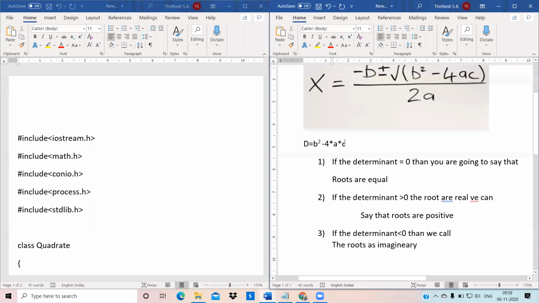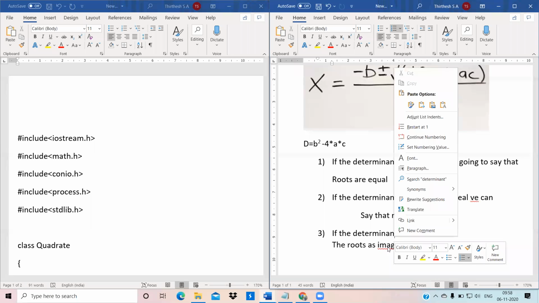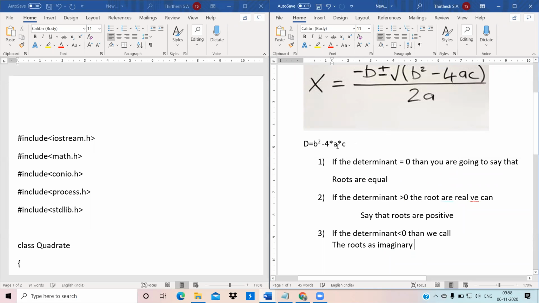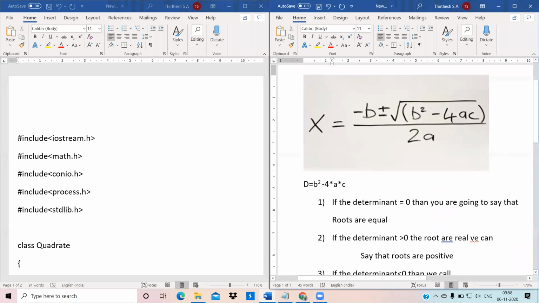So to get the roots based on the given condition, you need to check the determinant with the following formula, B square minus 4AC.